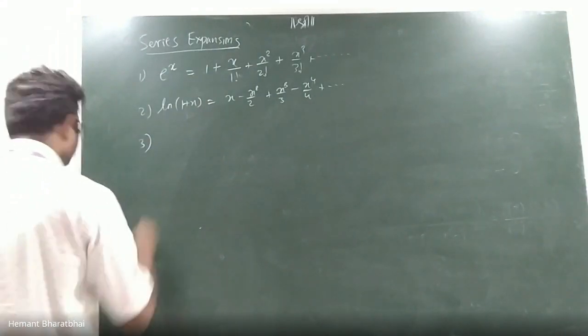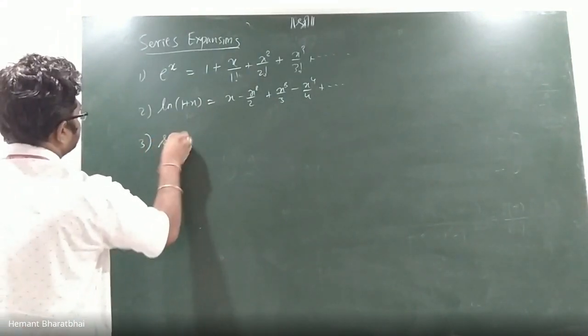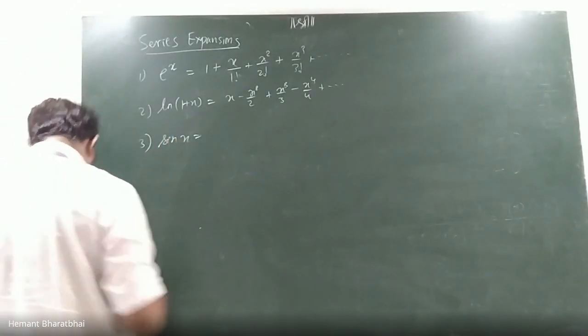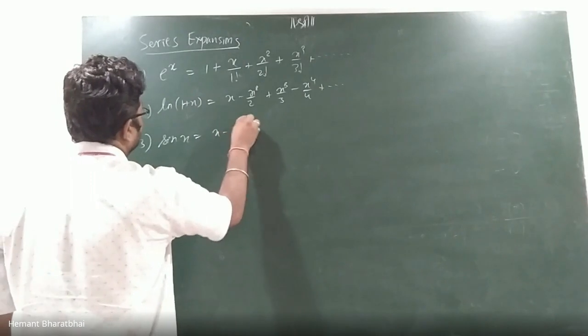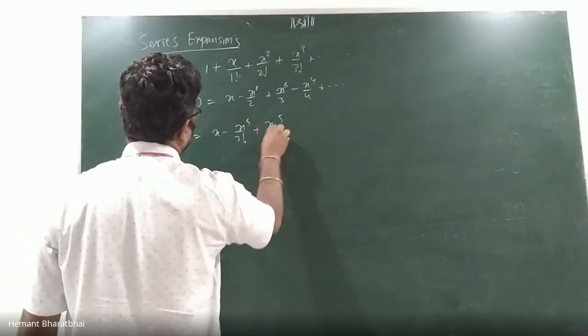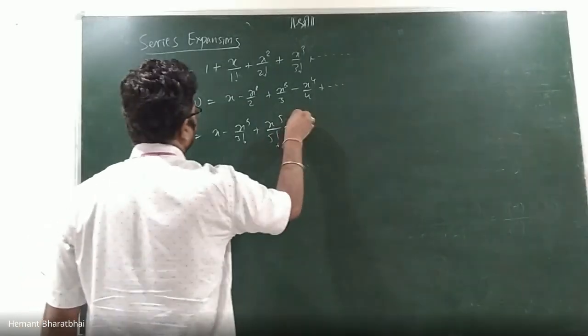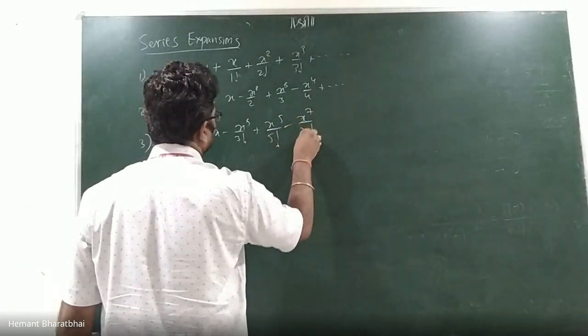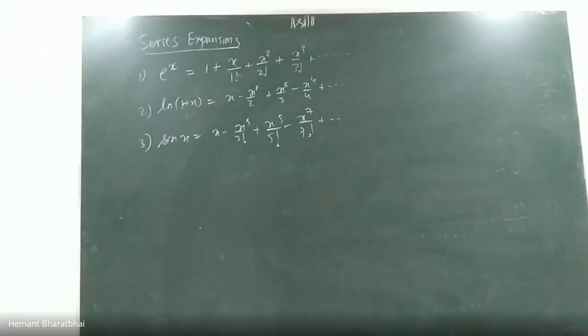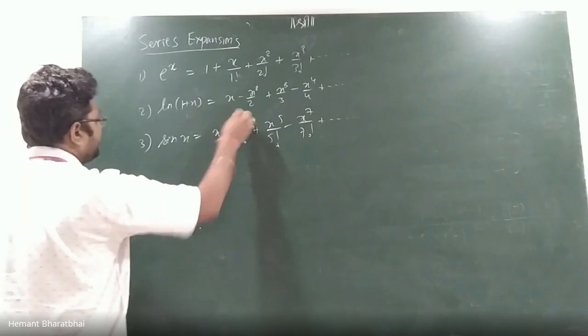Third, sin x in the series expansion can be written as x minus x cubed by 3 factorial plus x raised to 5 by 5 factorial minus x raised to 7 by 7 factorial plus and so on. So the same pattern will continue: odd powers, divided by the same factorial.